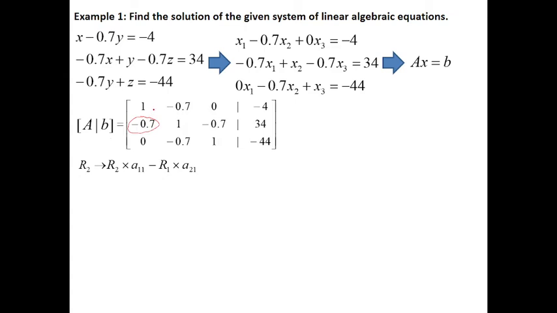This is a21, second row, first column. And this will be our reference row. Or should I say, this is not the reference row. Now this is the reference row, I mean row 1, because this is 1.